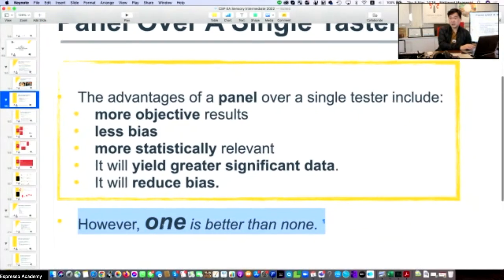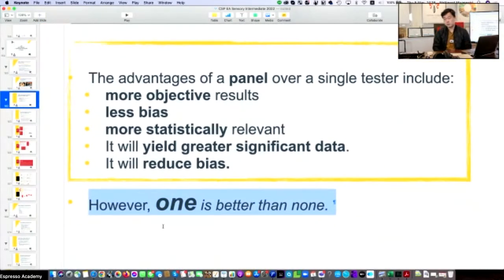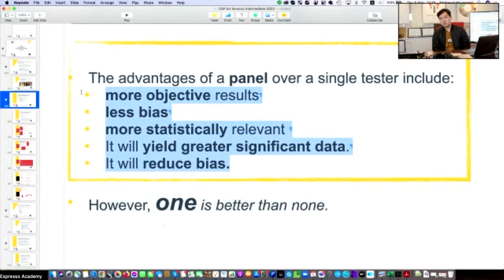One is better than none. That's the key. If you are alone, that's fine. It's okay. But if you have more, that would help you become less biased, more objective, you know, and more is more data. More data is more statistics, okay? And that is the key.